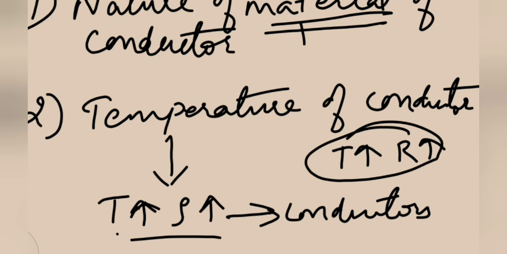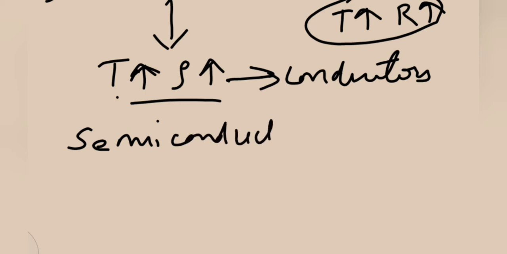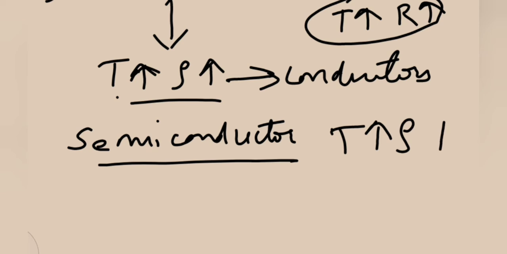Okay, suppose we are taking the case of semiconductors. Semiconductors are a category of elements that don't have very good conductivities. So for semiconductors, the temperature relationship is just opposite. That is, when temperature increases, resistivity will decrease. So that is an exceptional case.